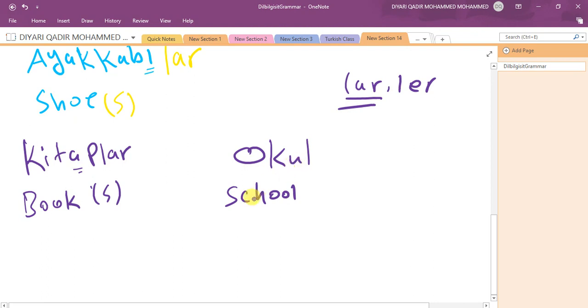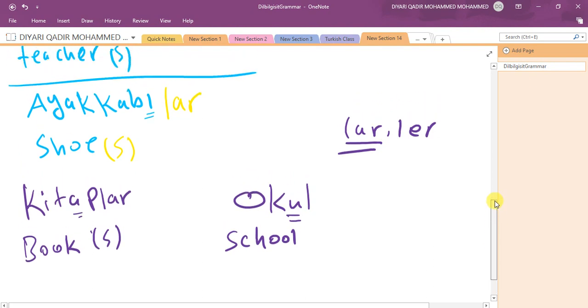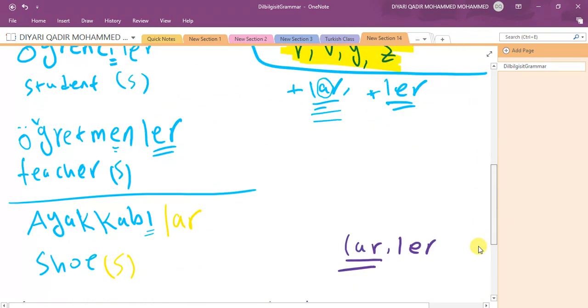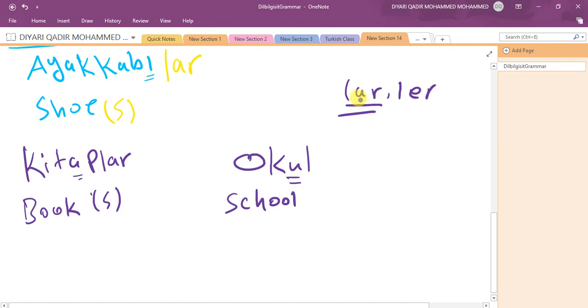So okul means school. How to make this plural? Look, the letter before the last is U. Which category is U among? It's among the men letters, not the women letters, so we directly use lar. This is man, this is woman.